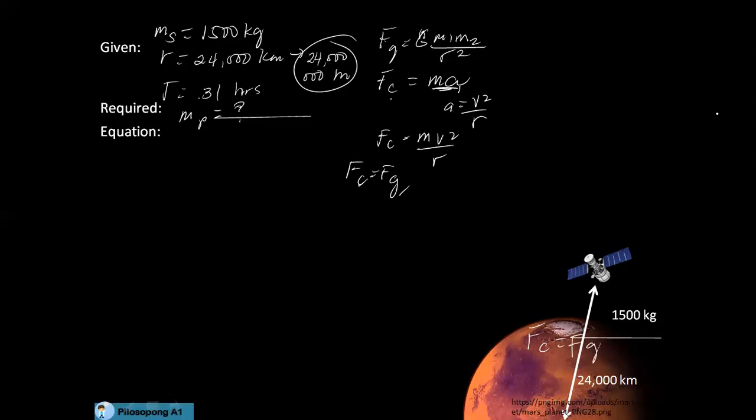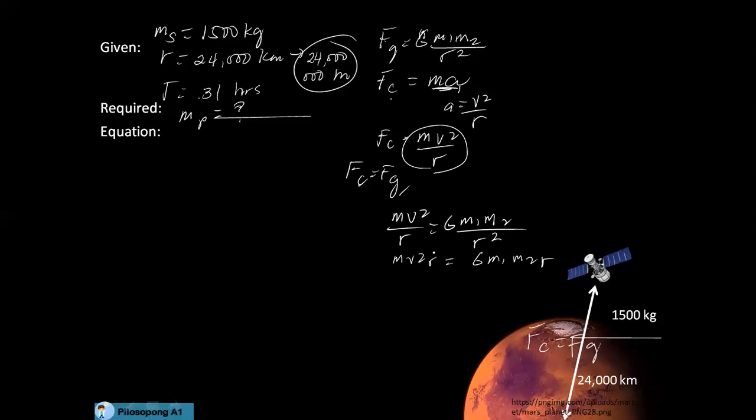So we can equate these two equations together. Let's try it. We have m v squared over r is equal to G m1 m2 all over r. So you do some cross multiplication. We have m v squared r is equal to G m1 m2 then r.